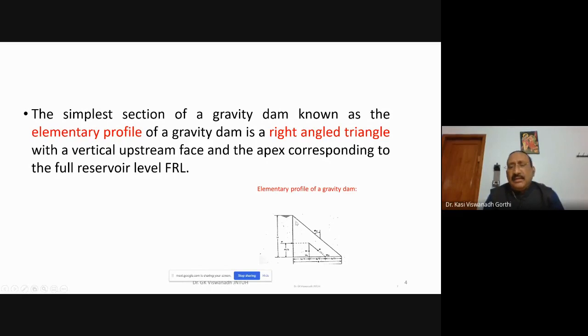Another thing is that the upstream face of this dam is fully vertical. This is the simplest section of a gravity dam, known as the elementary profile: a right angle triangle, upstream face vertical, apex at FRL.